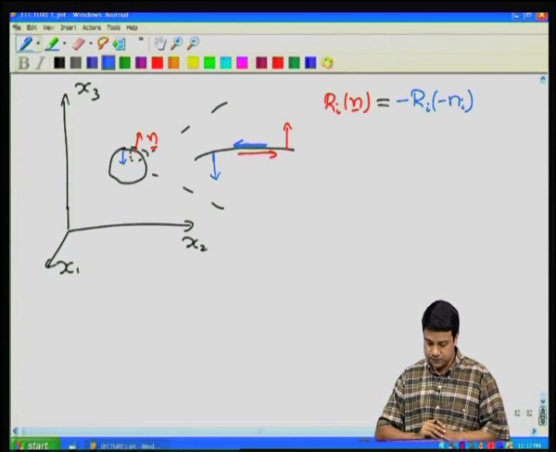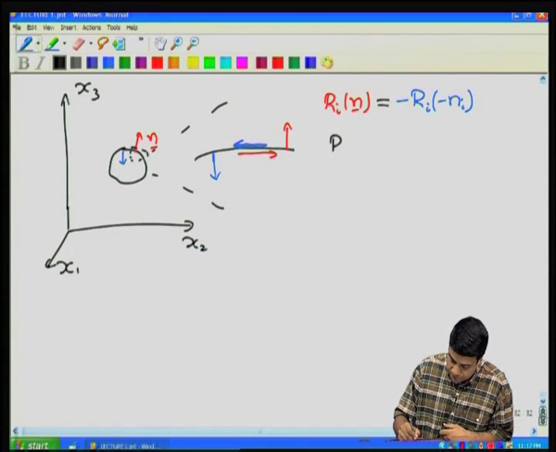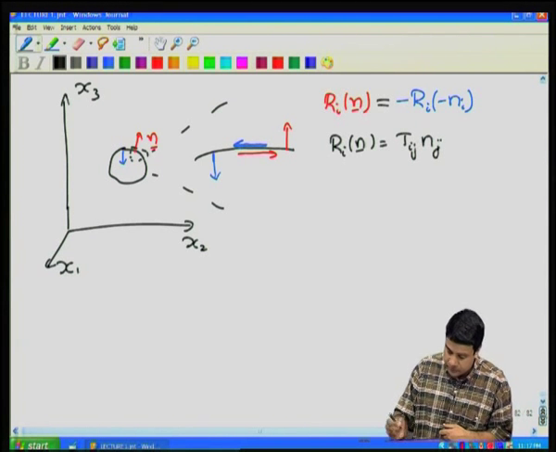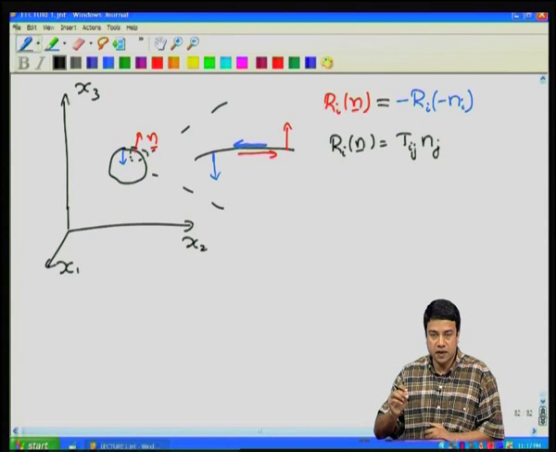This dependence on the unit normal suggests that I can write Ri of n as Tij nj. You can see that with this specific form Tij nj, where Tij is now defined at a location, it does not depend upon the unit normal anymore.